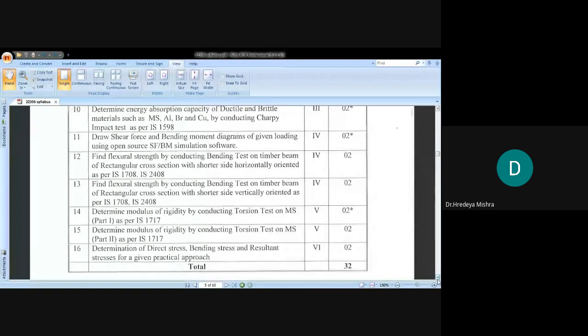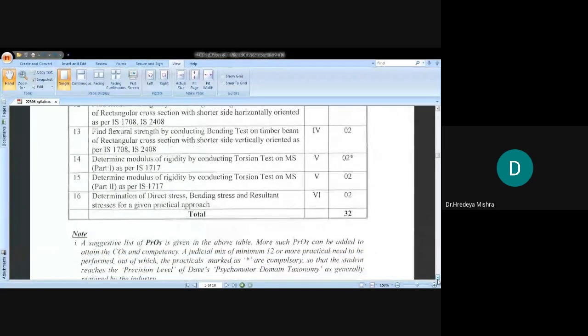And next is determine modulus of rigidity by conducting torsion test of MS, and determine the modulus of rigidity by conducting the torsion test of MS. Means 14 and 15 is a combined test.